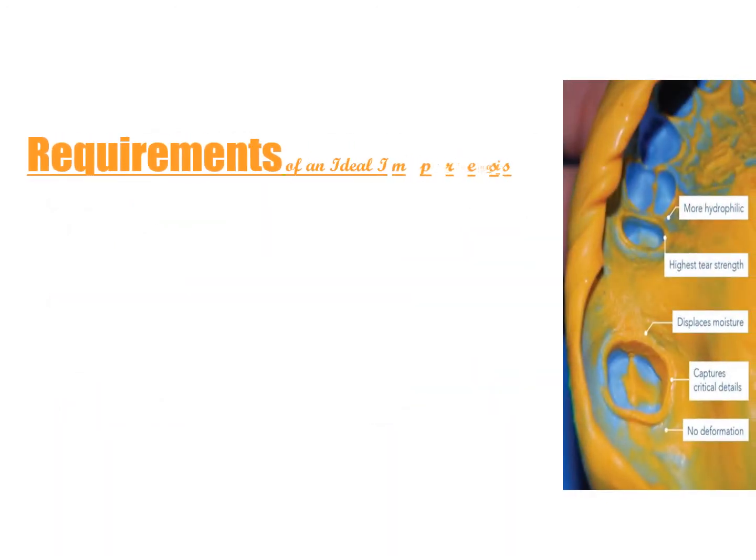Requirements of an ideal impression material. An impression material should be elastic so that it can be removed from the undercut areas without distortion or fracture.